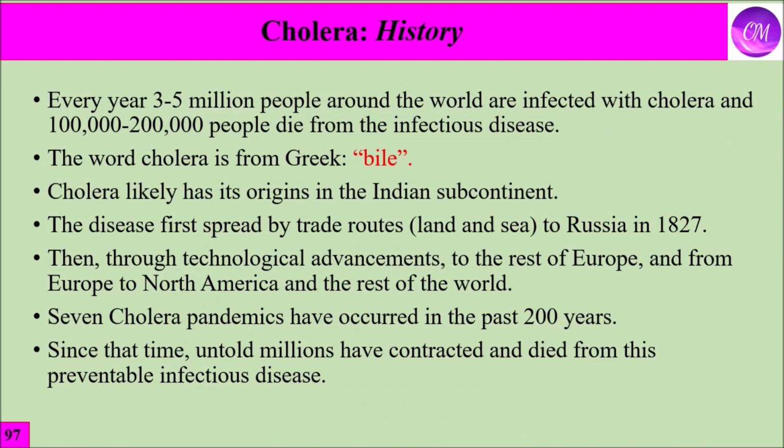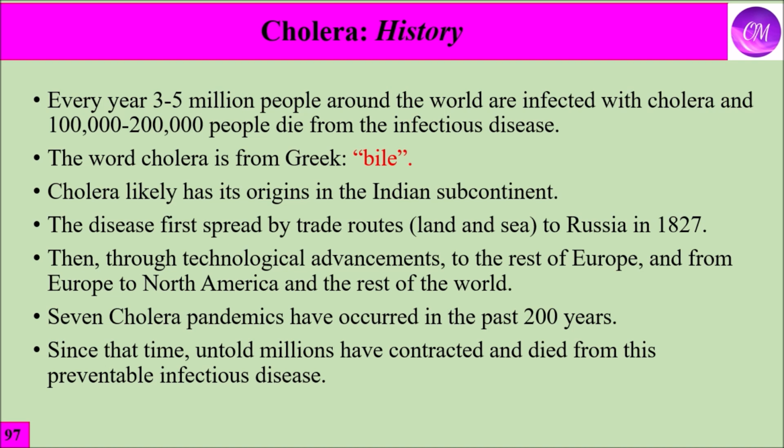Now we'll discuss cholera. Every year, 3 to 5 million people around the world are infected with cholera, and 100,000 to 200,000 people die from the infectious disease. The word cholera is from the Greek meaning bile. Cholera likely has its origin in the Indian subcontinent. The disease first spread by trade routes by land and sea to Russia in 1827.